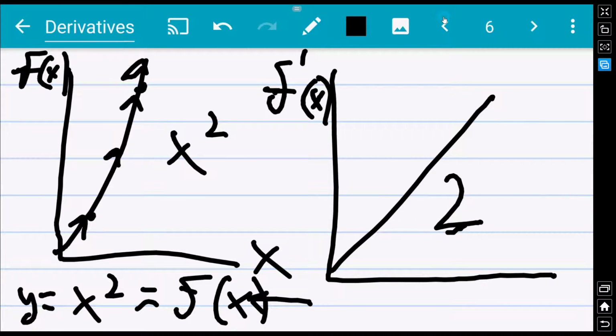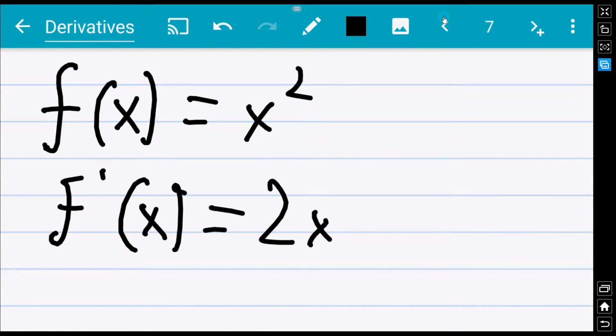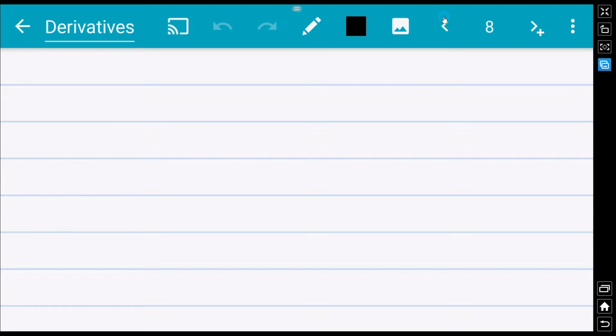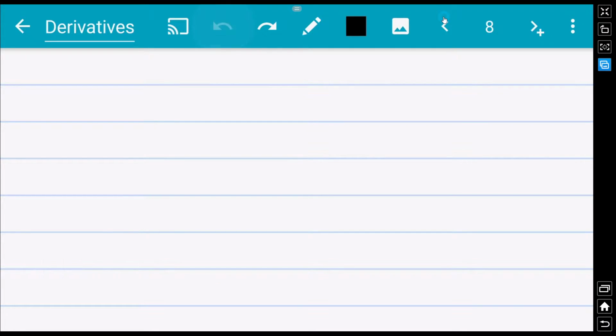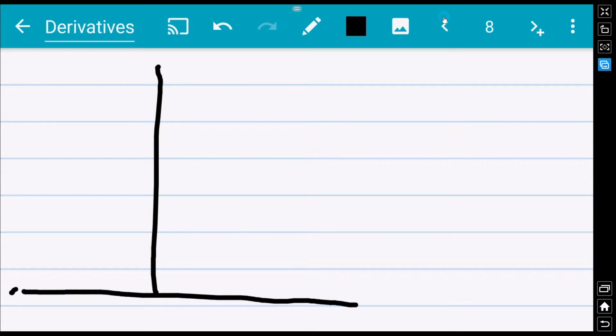So 2x. So why is it equal to 2x? Well, if we actually were to graph this, which is pretty hard right here because it's so small on this screen. If we were to graph this, we have 1, 2, 3.